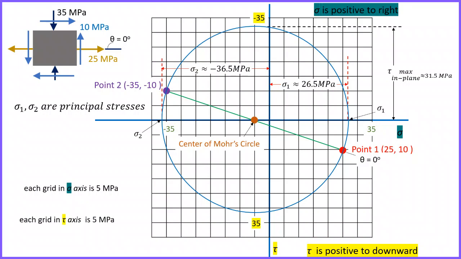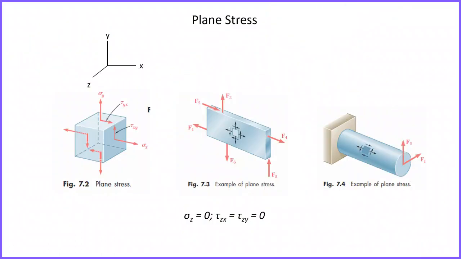Now, the method I discussed today is pretty straightforward. You don't need to memorize any equations for principal stresses or maximum in-plane shear stresses. All you need to know is how to identify point 1 and point 2 and draw a circle based on them.